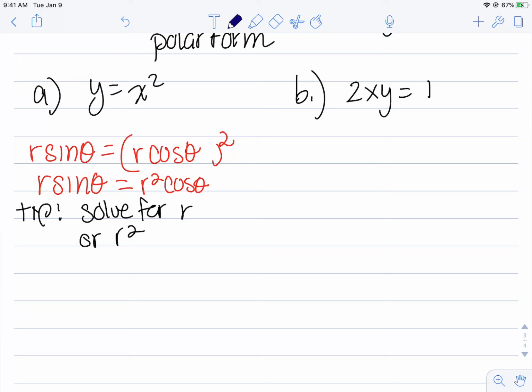However, that's not as important here as when you're in the rectangular plane. But I don't want to get used to bad habits, so let's just move everything to one side.